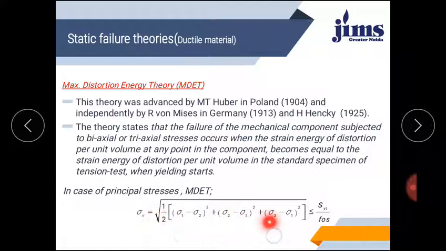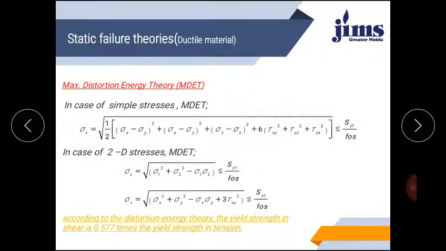With the help of this formula we can directly calculate the value of von Mises stress if we know the values of principal stresses like sigma 1, sigma 2 and sigma 3. In case of simple stresses, if we know sigma x, sigma y and sigma z, then we can also calculate the von Mises stress directly by putting the values in the given equation, and that should also be less than SYT upon FOS.